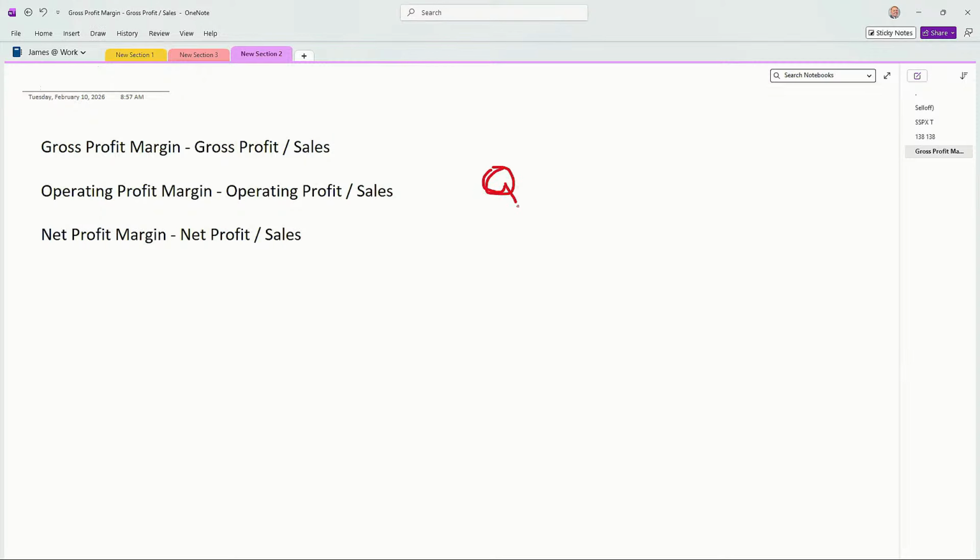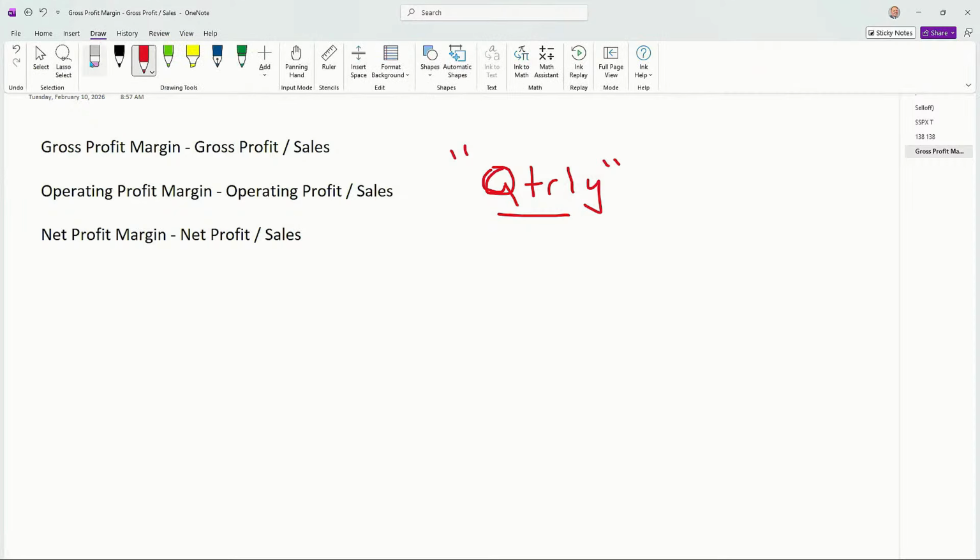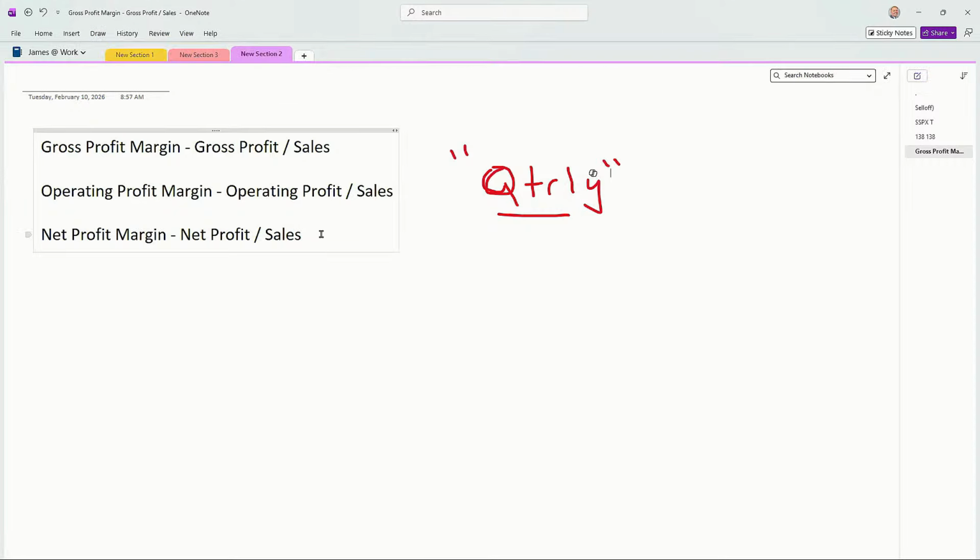So if you said, James, I'm like a shorter term type of trader, this is really looking at quarterly, okay? So if you said I'm short term, okay, days to weeks, then you're really looking at these margins, and this is really giving you a quarterly snapshot of what is going on. Now, not everyone is focused on that time period, hence the topic.